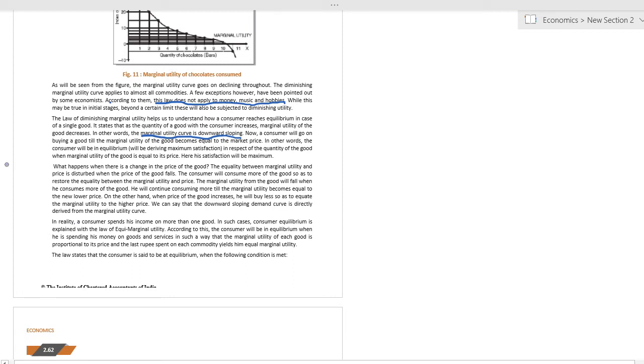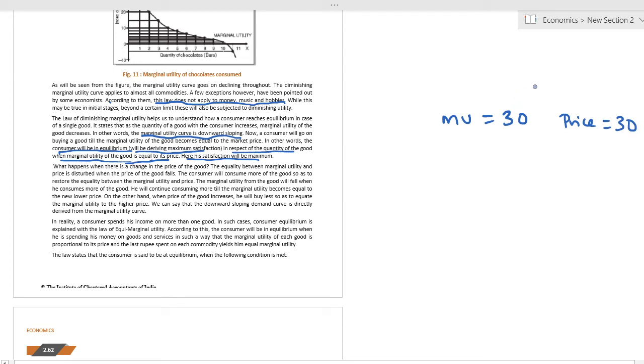One more thing, the consumer will be in equilibrium. Equilibrium means he'll be deriving the maximum satisfaction with respect to the quantity of the good when the marginal utility of the good is equal to its price. Here the satisfaction will be maximum. Let us say MU equals 30 and price is also equal to 30.